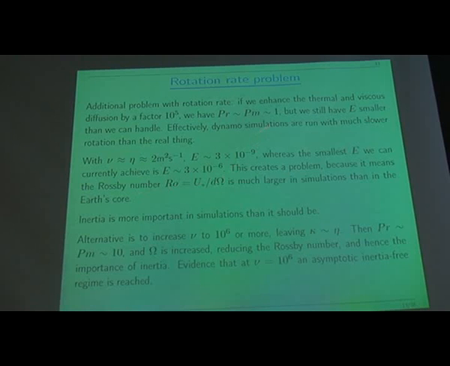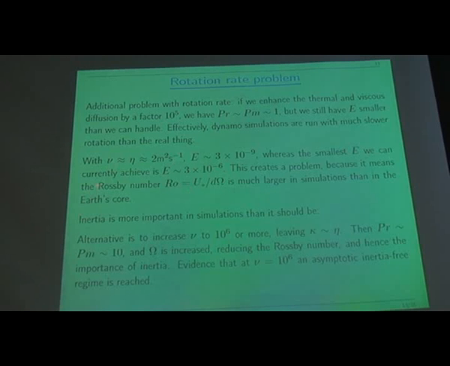But it's still quite a long way off. So that does create a bit of a problem, because it means that the Rossby number is actually larger in simulations than in the Earth's core, because in effect what we're doing here is running simulations not only with an enhanced diffusivity, we're also artificially reducing the rotation rate. So the rotation rate in the models isn't really a day, it's really something like 100 days, or maybe several hundred days.